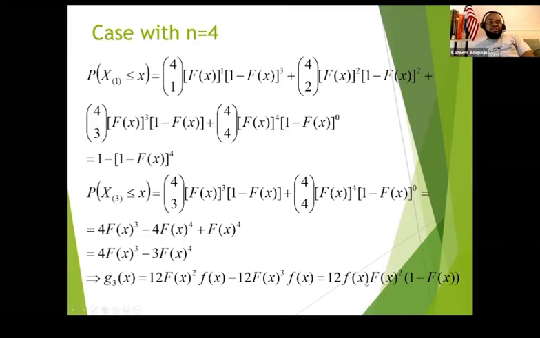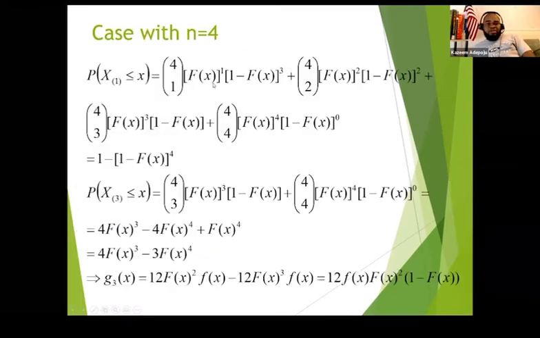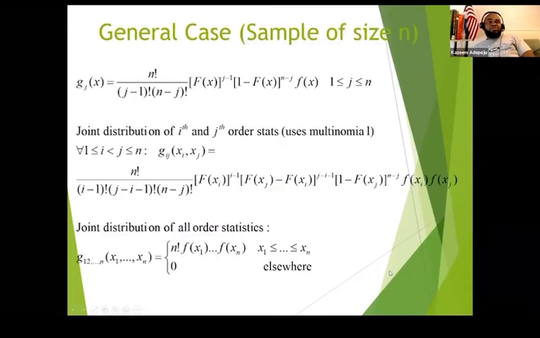Okay, if you let j be 3 and n be 4, you're going to see that 3 minus 1 gives you f of x raised to power 2, right? And don't forget that's why you have f of x raised to power 2 right here. And of course, you have small f of x.